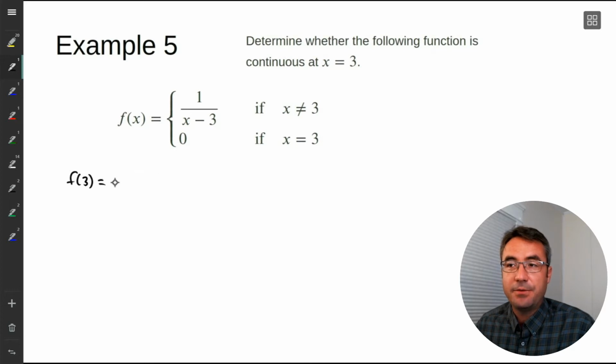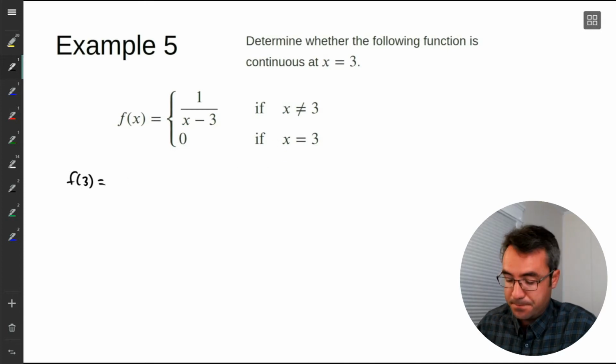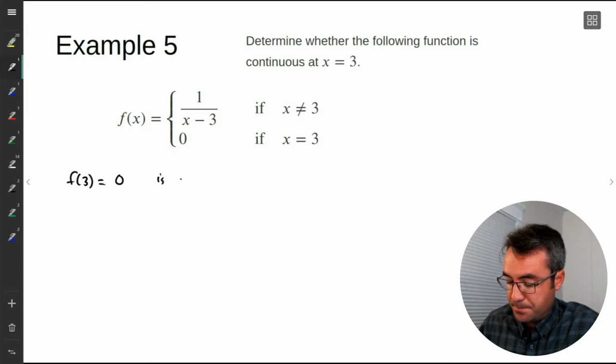The way we evaluate this function is we figure out the piece, and then we read backwards here to see what the function value is. So at x equals 3, we see that our function value is going to be 0. So this is actually defined. All right, so far so good.